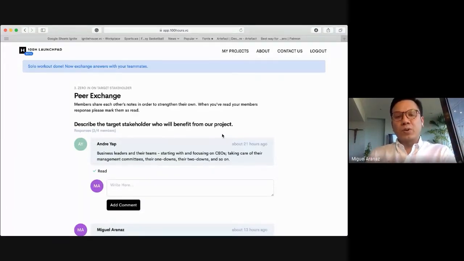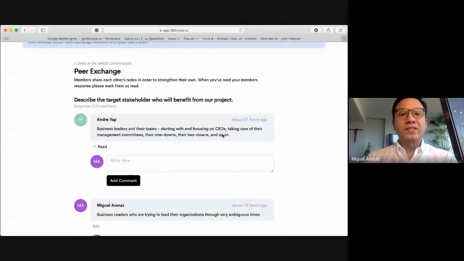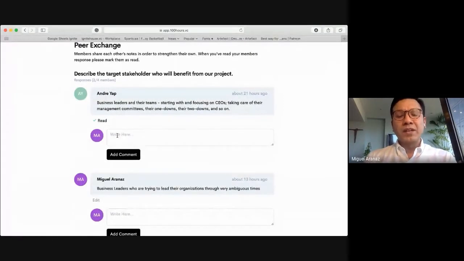So you'll see this cadence of doing something on your own and then sharing it with your group mates. In this case, Andre also answered it, and this is what he said. You can even comment on it if you want, but it allows everyone to read through the answers of other people. The reason we do this is because looking at the answers of your collaborators enriches this whole stage of Launchpad, and we really believe in that at every step.